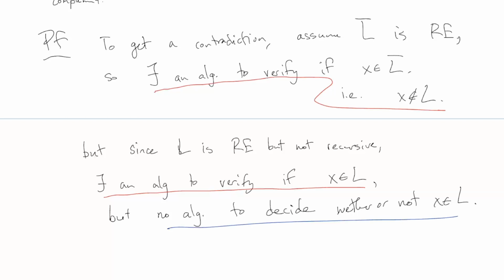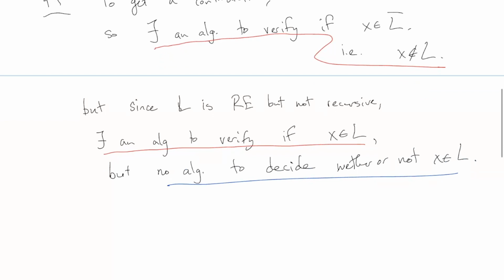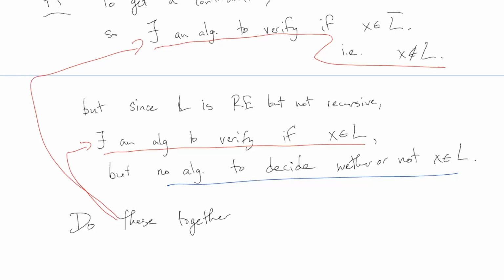I just said there's no algorithm to decide whether or not X is in L. So we have an algorithm to verify that X is not in L, and also an algorithm to verify that X is in L. And that means you can actually decide yes or no, is X in the language.